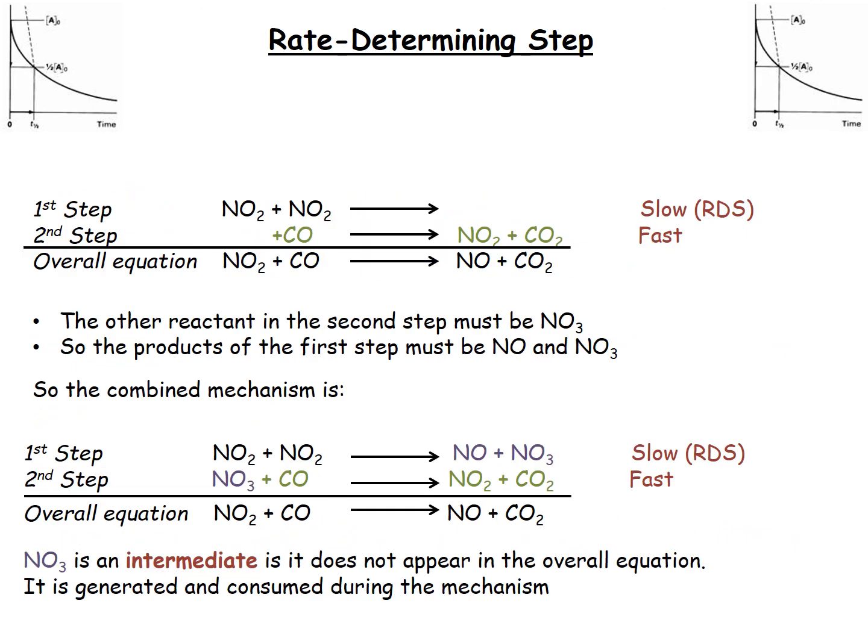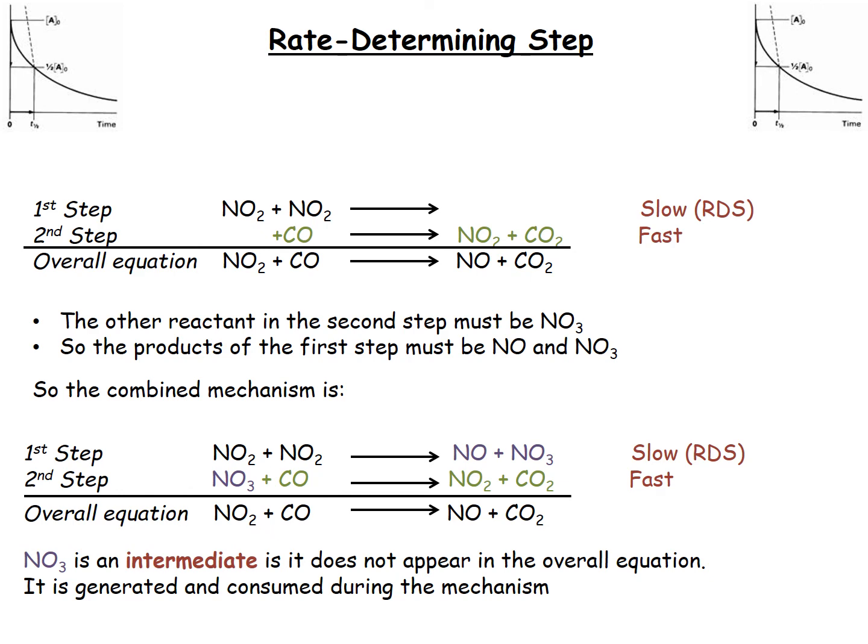Oops. Skip forward really fast there, sorry about that. And we know that the second step, therefore the non-rate determining step, must include carbon monoxide. So how are we going to get from what we know to what we had to begin with? So the other reactant in the second step must be NO3, so that the products of the first step must be NO and NO3, so that they can react together to form what we've got.